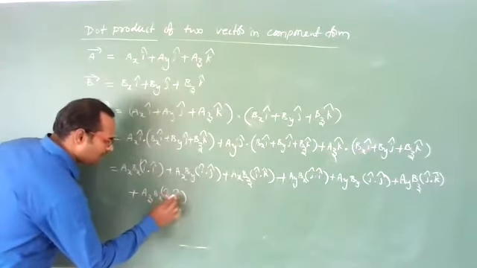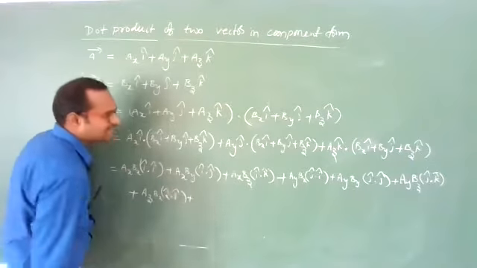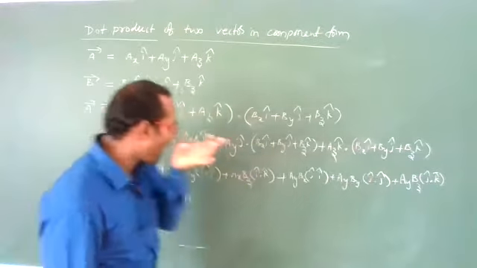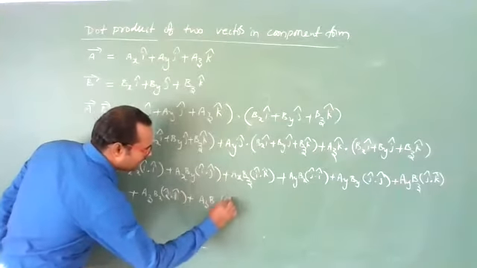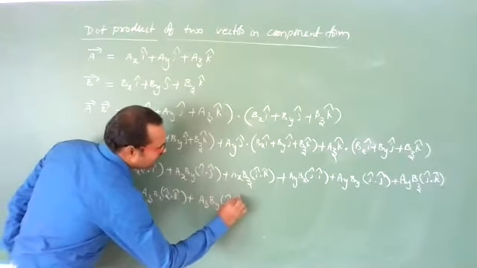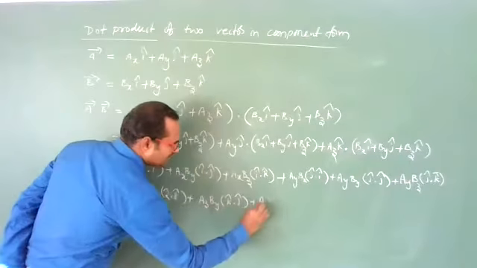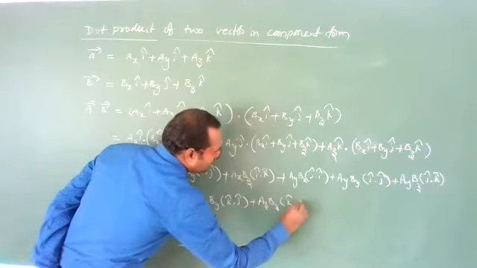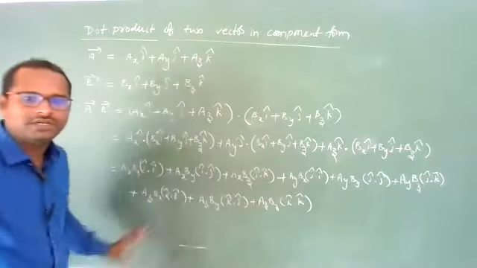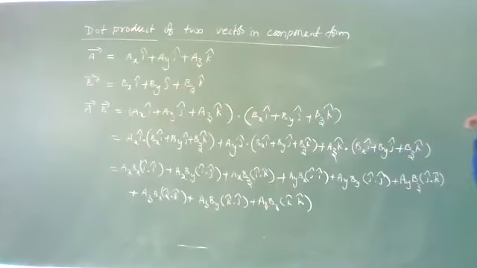Plus az into by, k cap dot j cap. Plus az into bz, k cap dot k cap. Yes, I have written totally. These are elementary operations I have done.